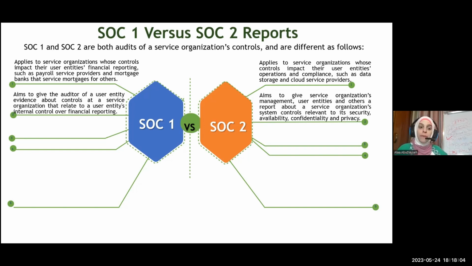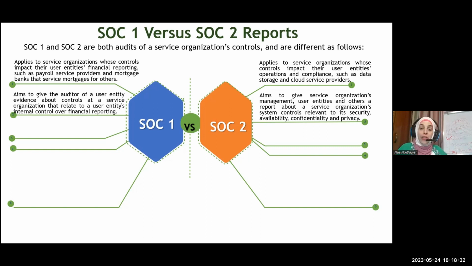SOC1, as we said, gives evidence about controls at a service organization that relate to the internal control over financial reporting, while SOC2 reports give service organizations, management, and users a report about a service organization's system controls.